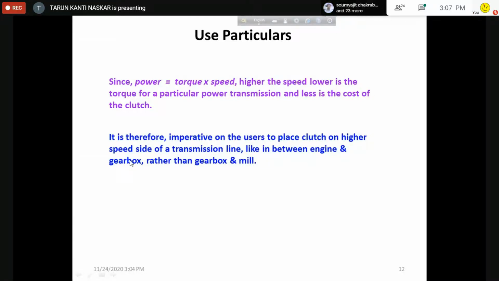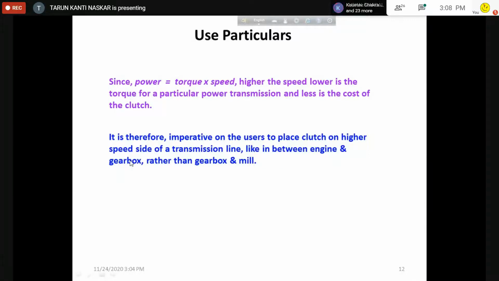There is the engine and the gearbox, and from the gearbox there is the mill, that is the machine which is to be driven. So engine, gearbox and the mill. Where the clutch should be placed is the important question.